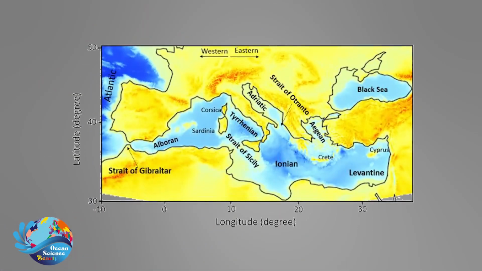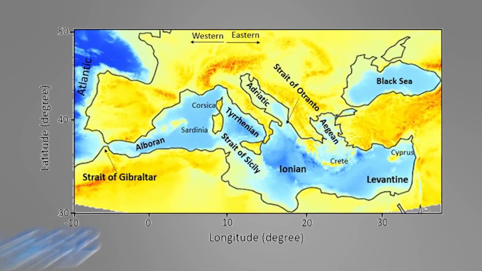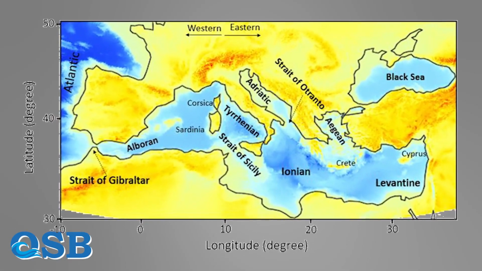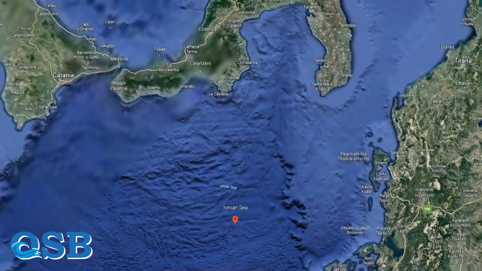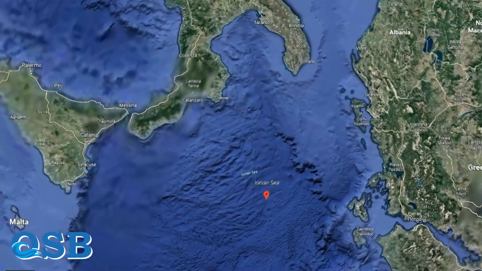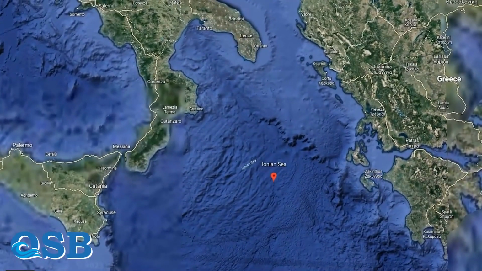The dense water in the Adriatic Sea moves at depths exceeding 400 meters towards the Ionian Sea following its formation in the Adriatic Sea. Through the Strait of Otranto, it enters the Ionian Sea. The volume of the water exchanging between the Ionian Sea and Adriatic Sea is variable in different seasons.